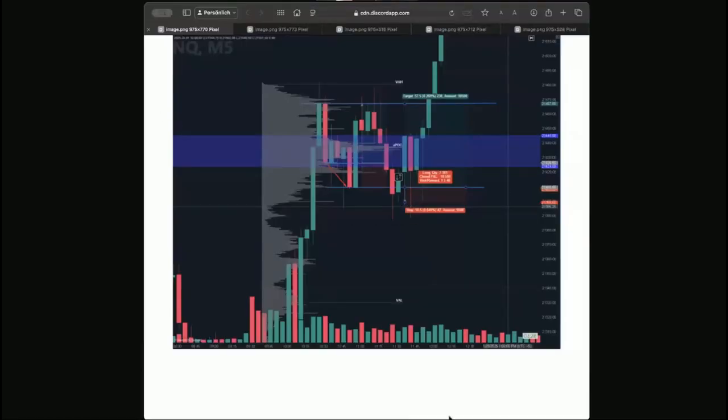So this was the first picture, and the question to that picture was, in this example, there was a first long entry when there was a break back into the range.